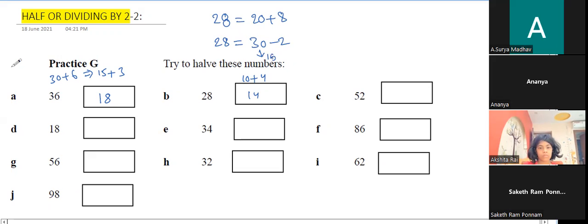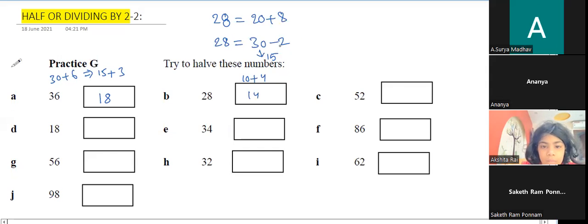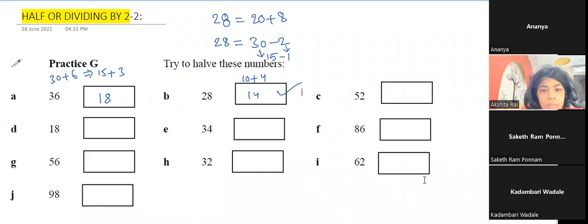Half of 30 is 15, and half of 2 is 1. 15 minus 1 is 14. So that would also be possible, sir. Yes, right. Then Kadambari, your question is C, third question.